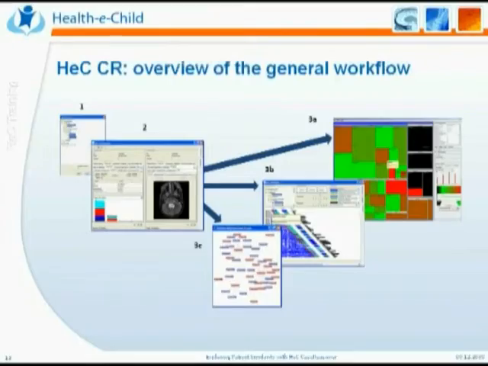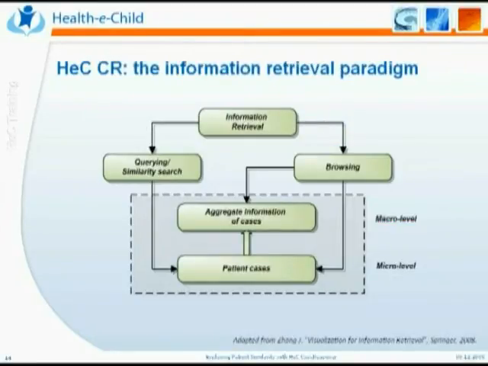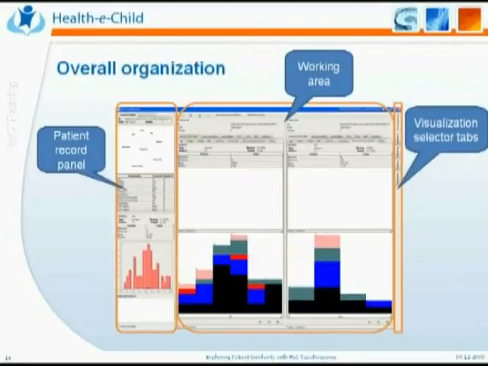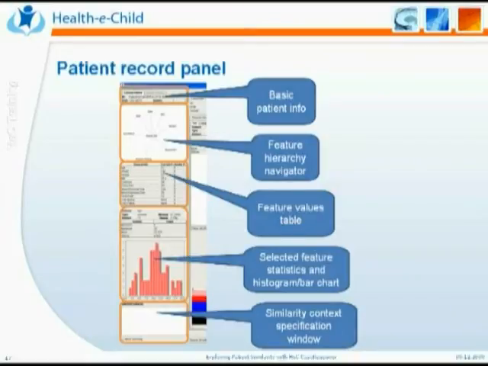The CaseReasoner is an advanced tool developed by Siemens for Healthy Child. The basic philosophy behind the design of CaseReasoner is to provide clinicians with a flexible and interactive tool to enable operations such as data filtering and similarity search over the 4 clinical centers to provide similarity search-based decision support and also to facilitate the exploration of the resulting sets of clinical records.